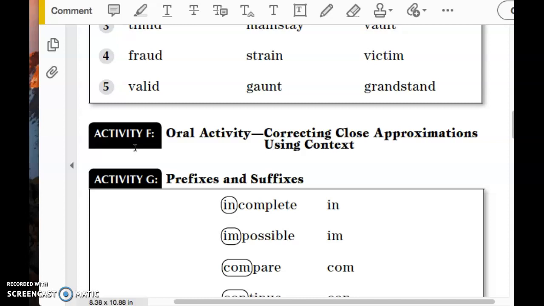Listen carefully. Holiday. In some countries, New Year's Day is special. Holiday. But we don't say holiday, right? It's holiday. Next one, curtain. To keep the sun out of your eyes, close the curtain.